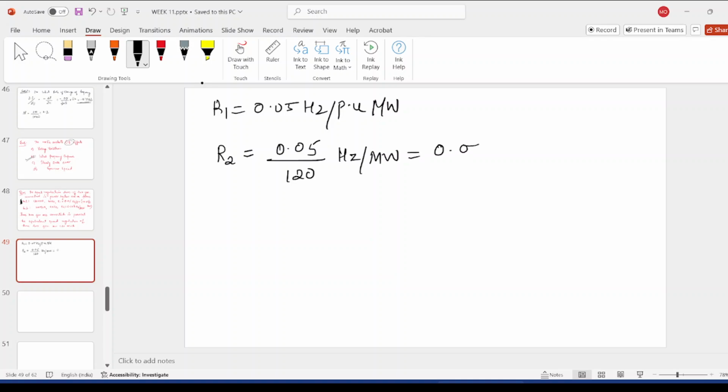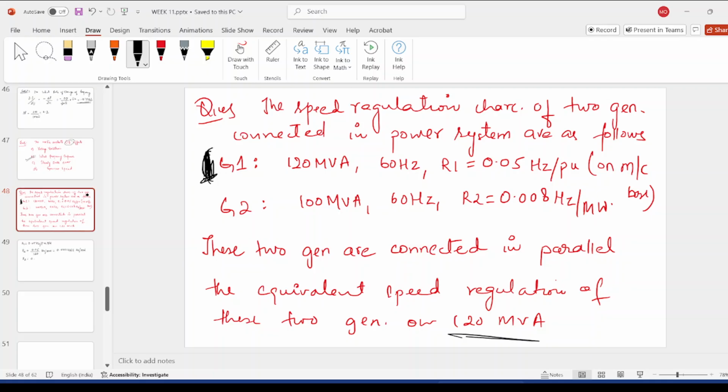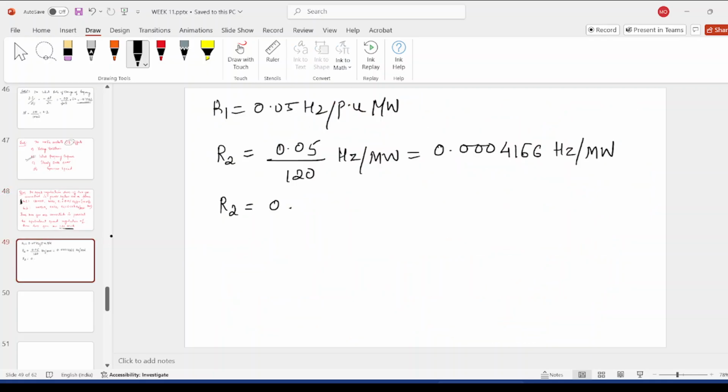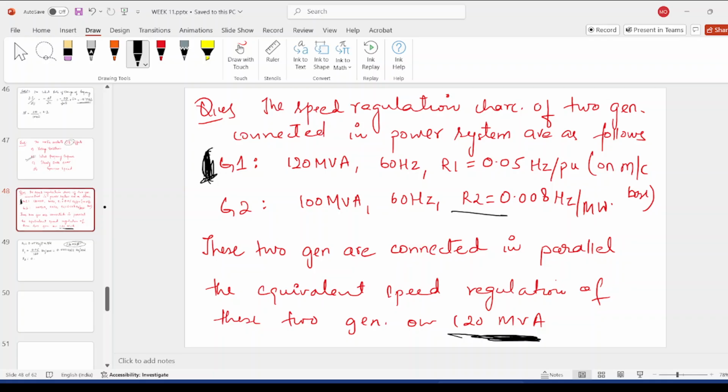It comes out to be 0.004166 Hz per megawatt. Just a second, we have to use this 120. So R1 on the 120 MVA base, then what's the value of R2?